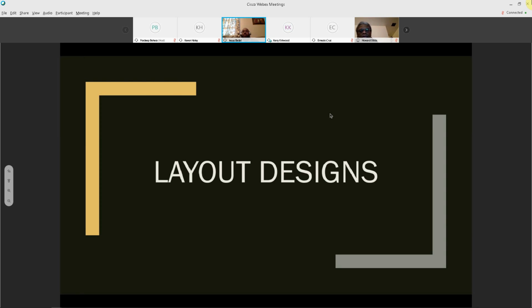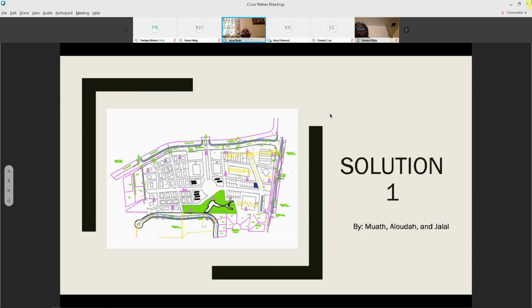Next slide, please. So we were given a plot of land and we had to develop it with certain constraints. The constraints of the property were there was a main road that ran out along the north side. There was a local road that ran along the east side, and there is a wetland that sits to the south of the property.